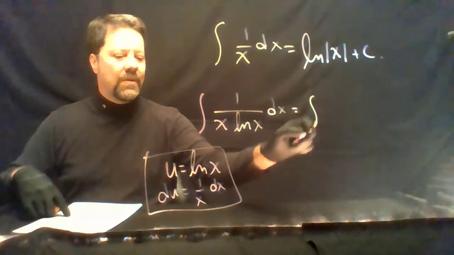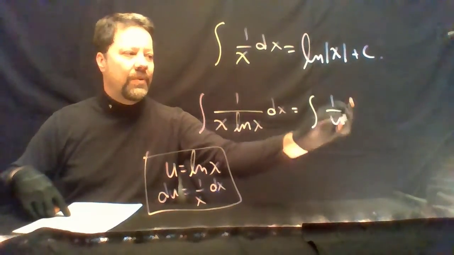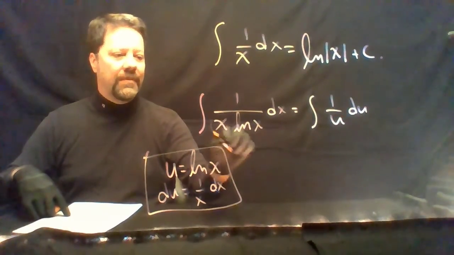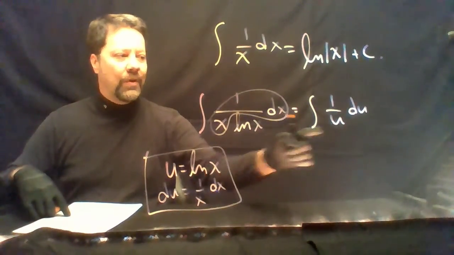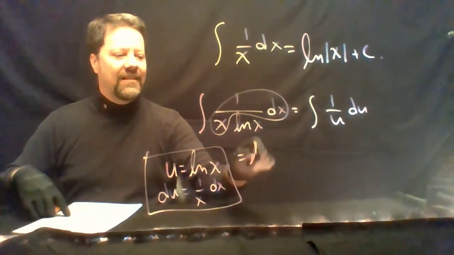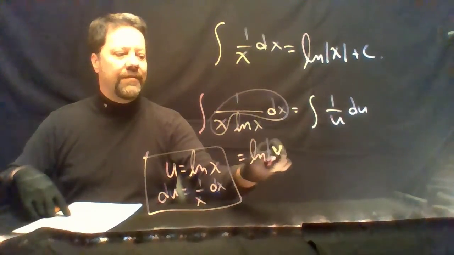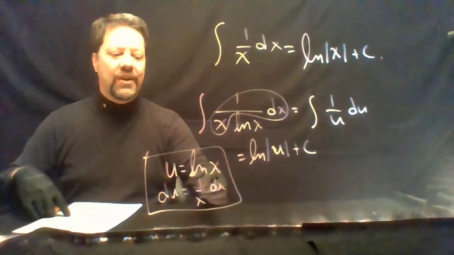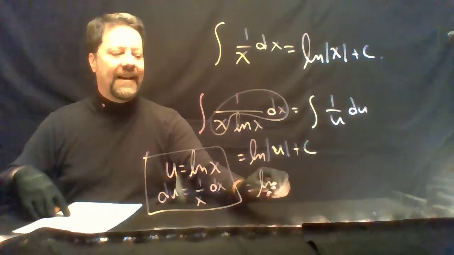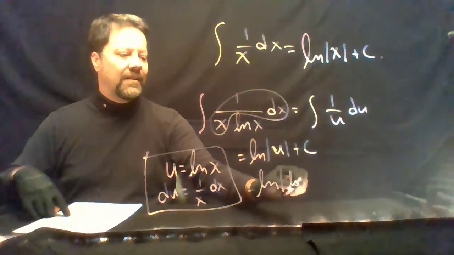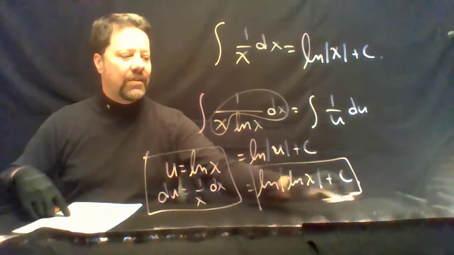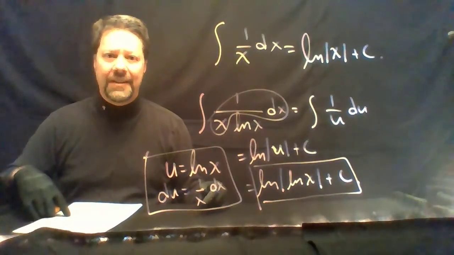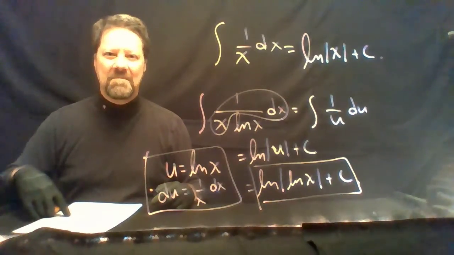The integral transforms as 1 over u du. This part goes away to become the du, and then we're left with this 1 over u. We get log absolute value of u plus c, but then u is natural log of x. So we get the log of the absolute value of the log of x plus c.